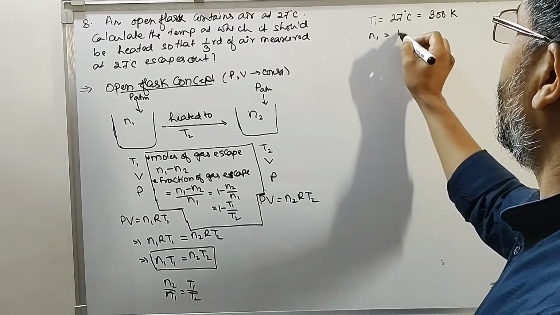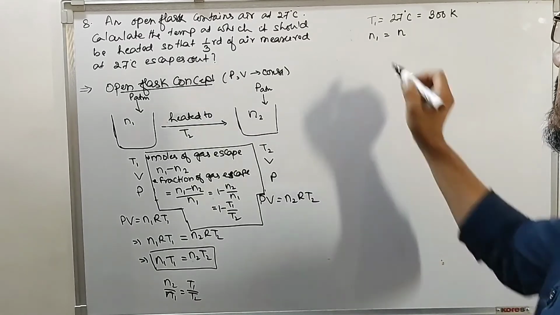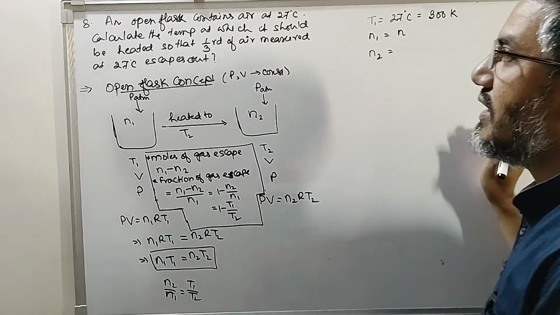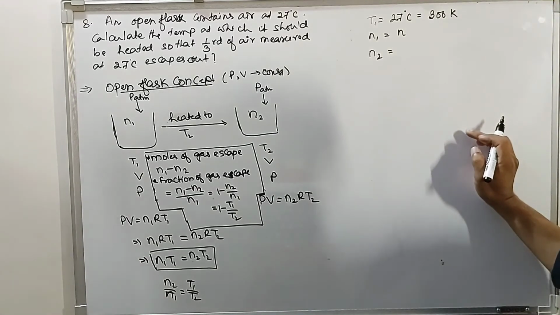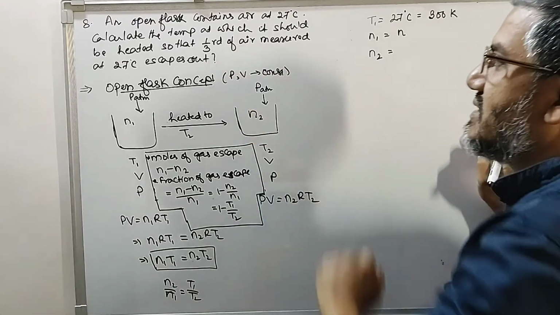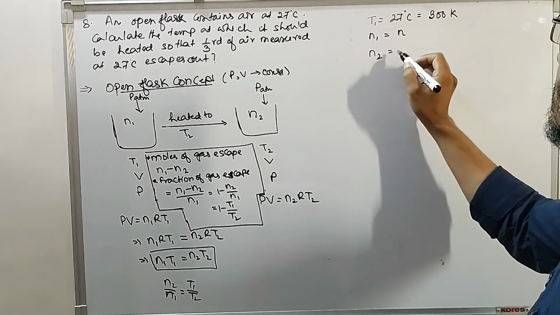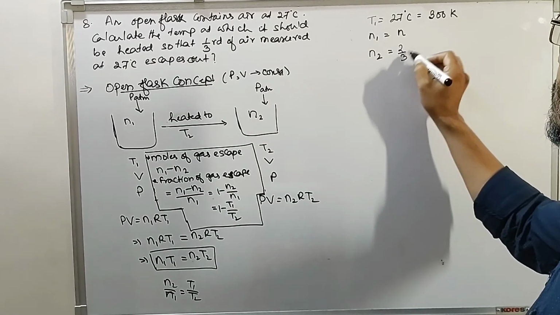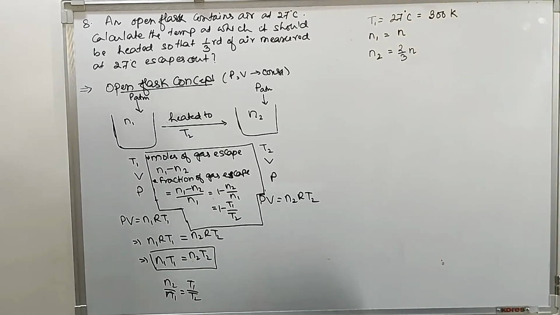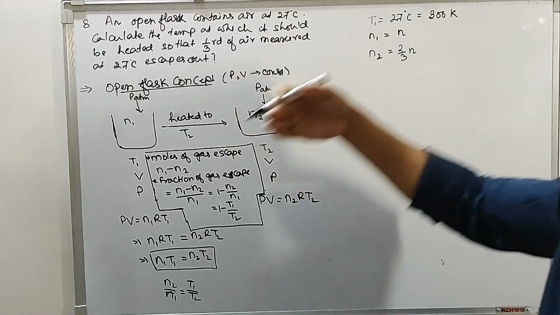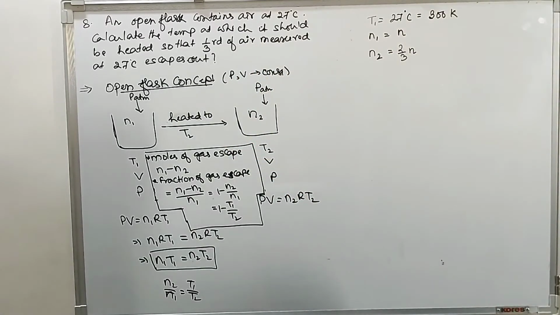Suppose N1 be N, and N2 is the amount of gas left at T2. On heating, 1/3 of the gas measured at 27 degrees escapes out, and what is left is 2/3 of N.